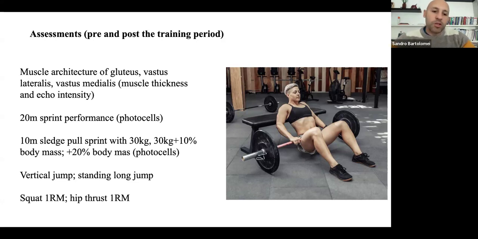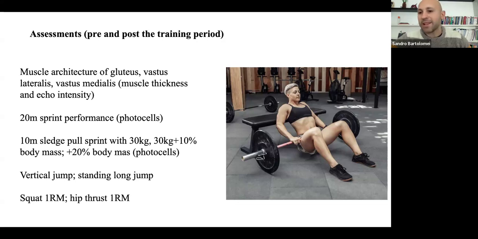We also measured the sprint performance using photocells, an automatic stopwatch, and also a 10 meter sled pull sprint at 30 kilograms. That 30 kilograms was the weight of just the sled, without any additional load. Then we put 10% of the body mass of the individual on the sled, and then 20%.